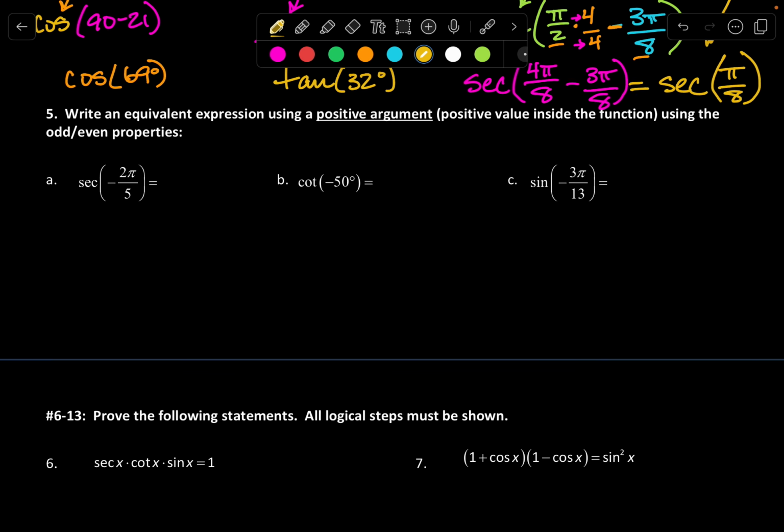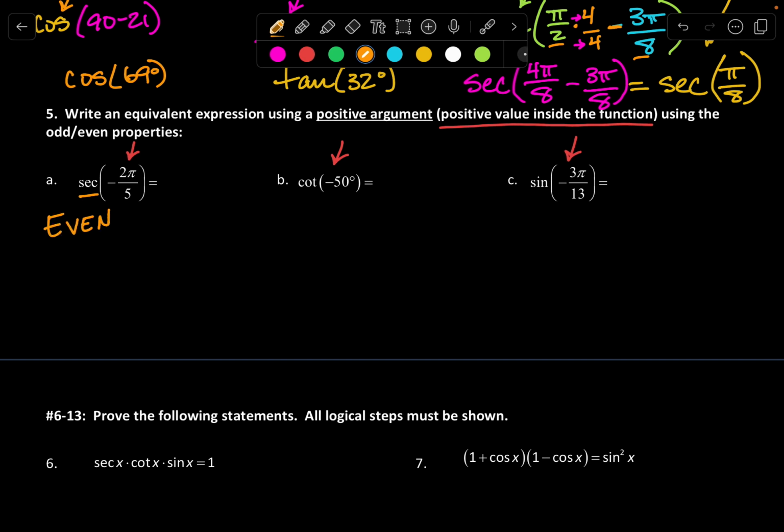Now the last one for this section says write an equivalent expression using a positive argument. And they go ahead and define that for us here, which is helpful. A positive argument. Argument is what's inside the parentheses. See how all of these are negative right now? I need to use my even and odd properties. So for the first one, I have secant. Secant is even.